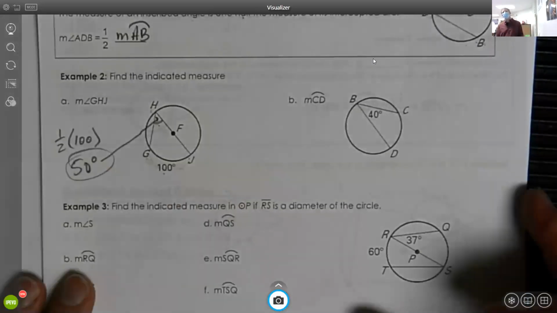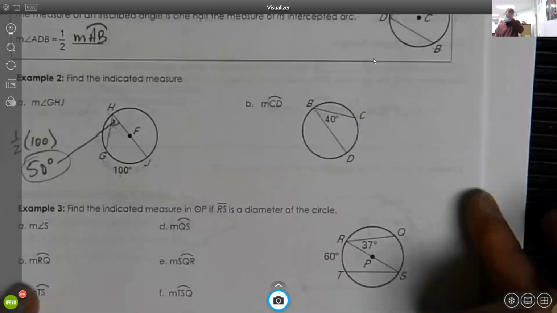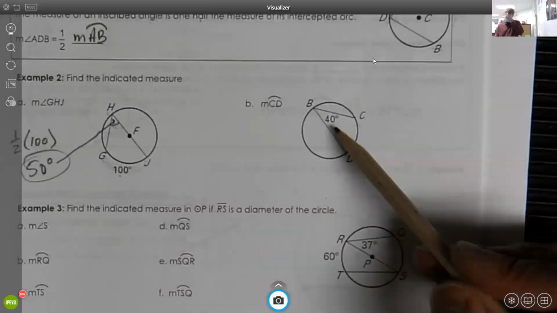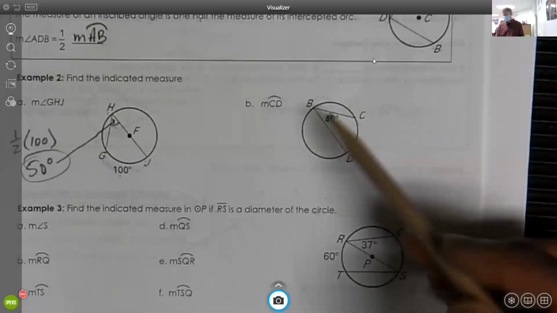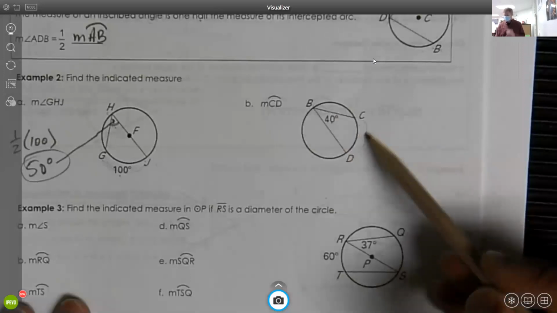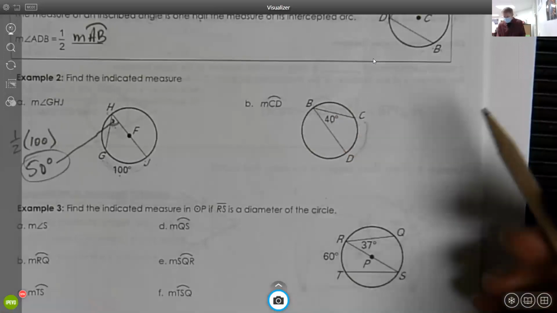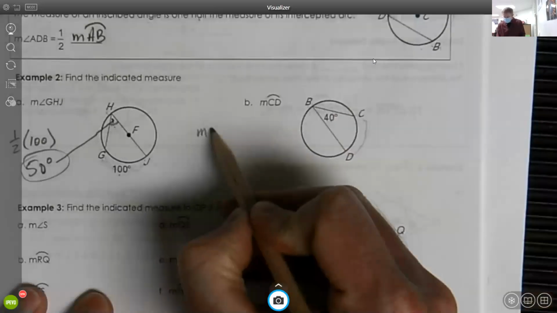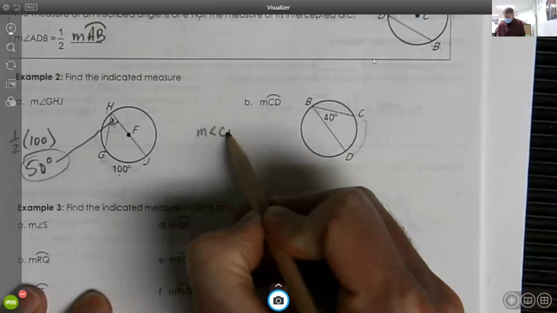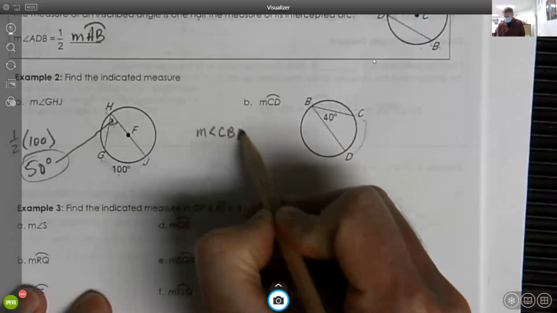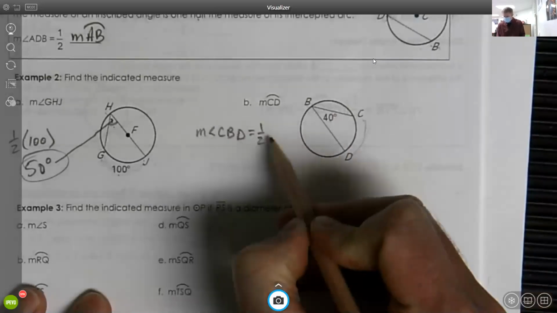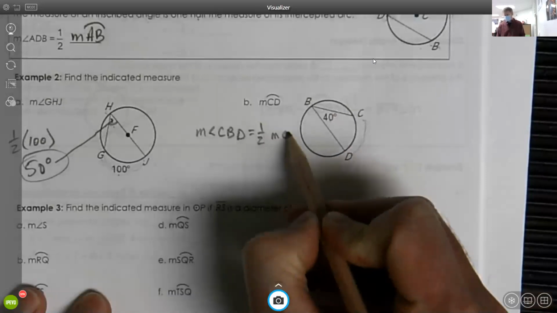Now if we come over here and the angle is 40, and we're trying to figure out what the arc is, we have to remember that the measure of angle CBD is going to equal half the measure of the arc.